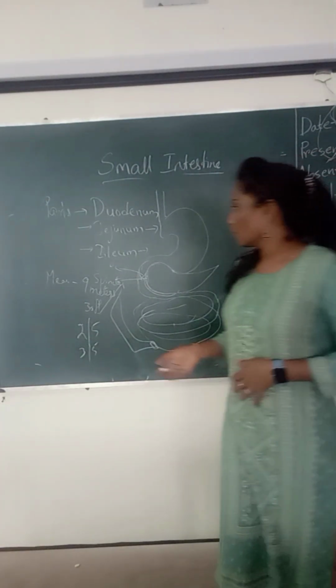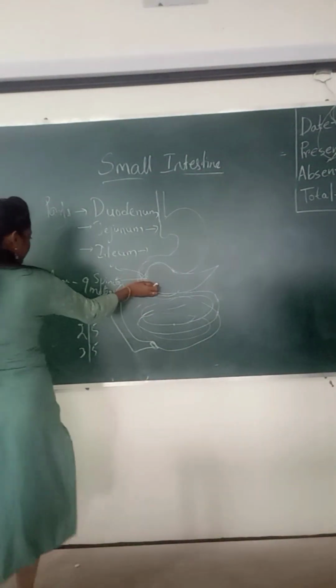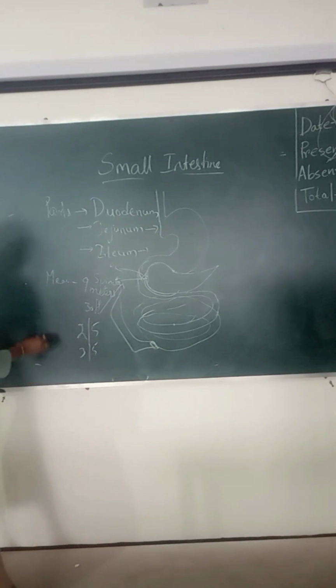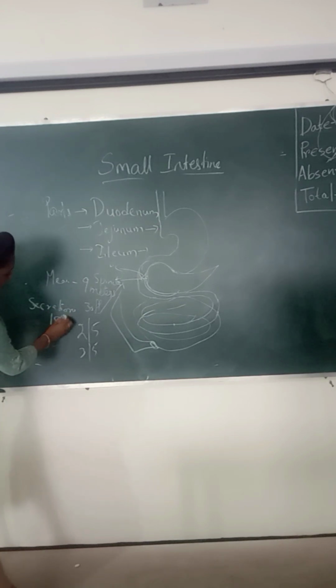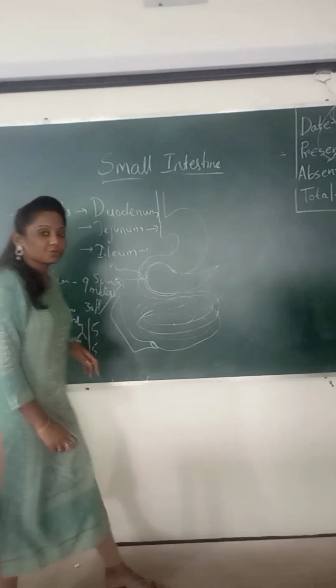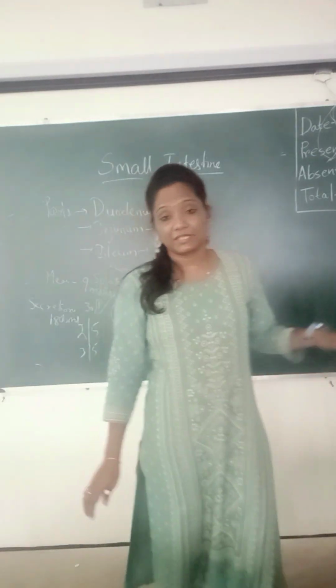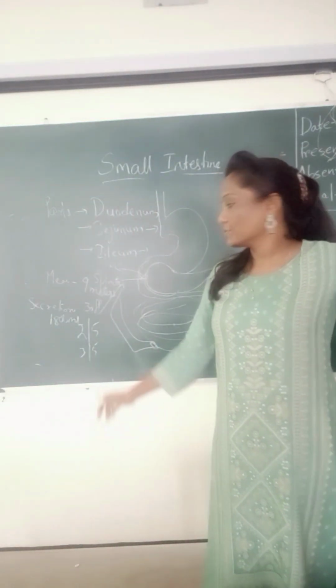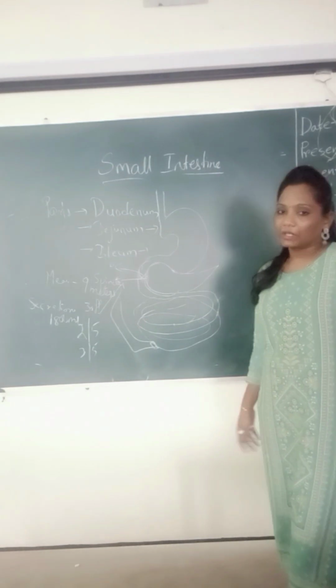And what are the secretions? Parts I have discussed, measures I have discussed, then what are the secretions of the small intestine? Approximately 1800 ml of juices will be released in 24 hours from the small intestine.